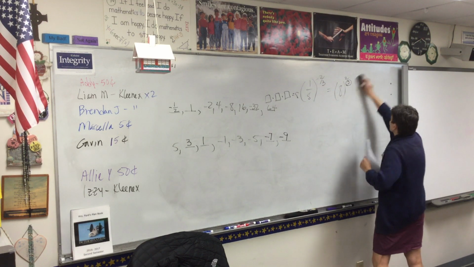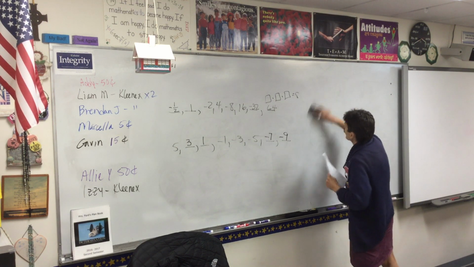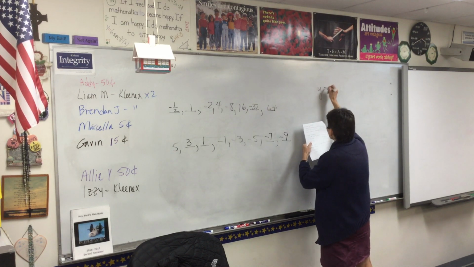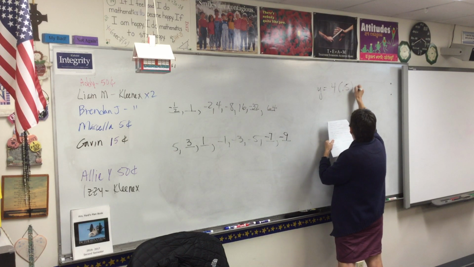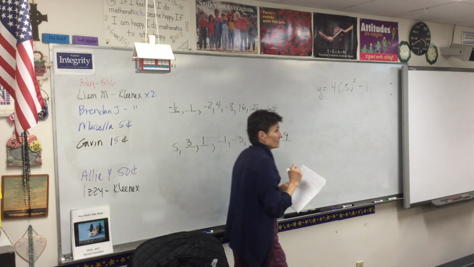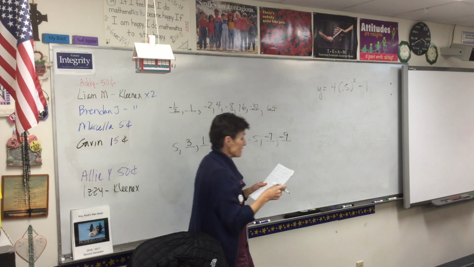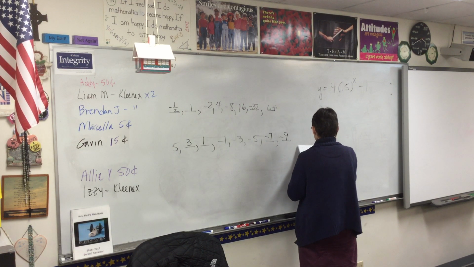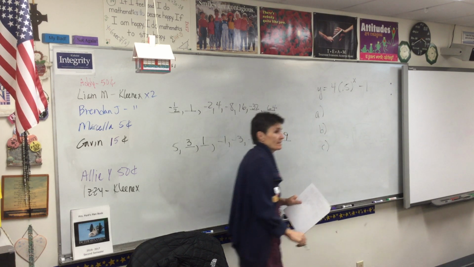Alright, so now I've got a little exponential equation. And I'm going to answer some questions about it. We did this last time we were together. Anybody remember anything about the horizontal asymptote, the y-intercept, or increasing, decreasing?